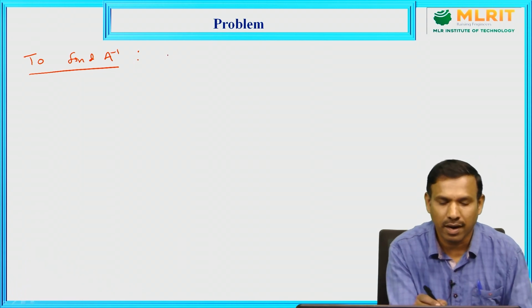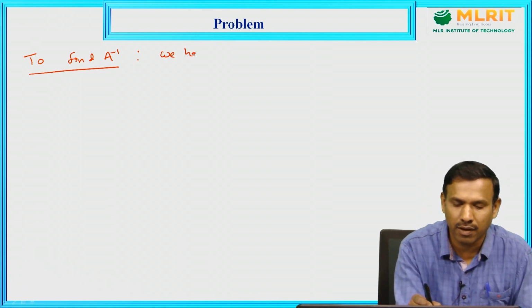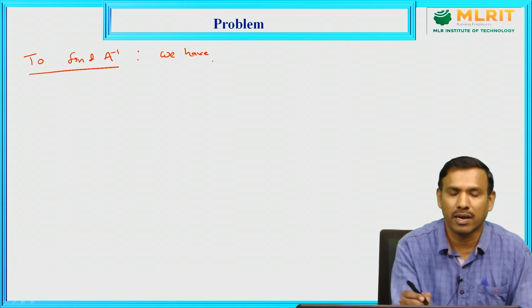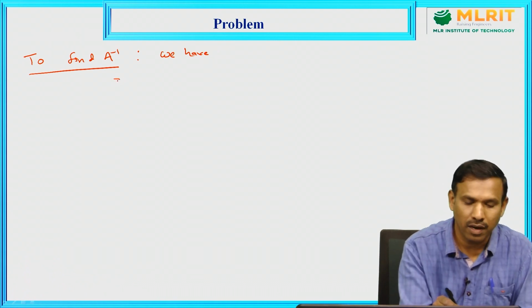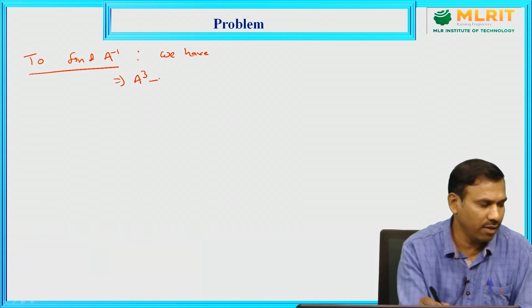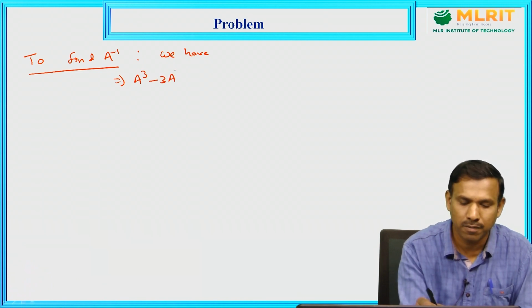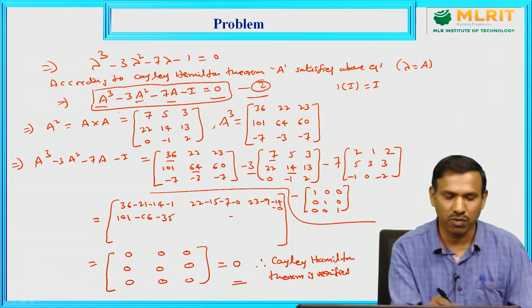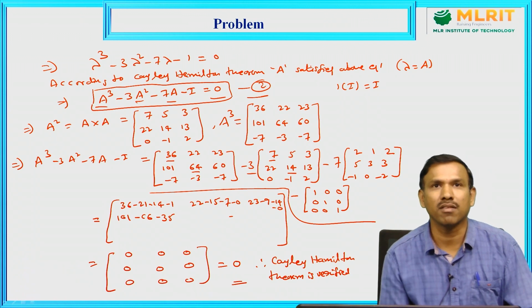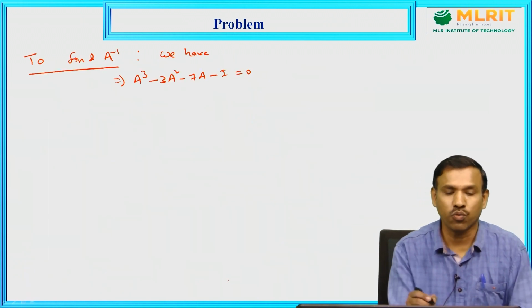That is right. As per the Cayley-Hamilton theorem, we have the equation A cube minus 3A square minus 7A minus I is equal to 0, which we derived in the last one. Look at this one, the same equation, that I am going to use to find A inverse.